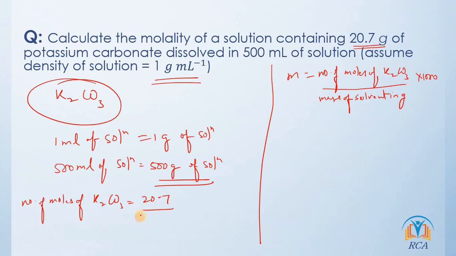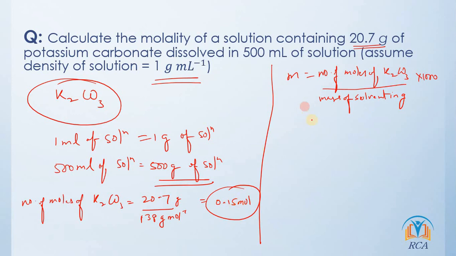What's going to be the molecular mass of potassium carbonate? It's going to be 138 grams per mole, right? You know how to calculate that, right? Just add up everything in K2CO3, and it will come up to 138. That will give you the number of moles of K2CO3. If you divide this, you'll get an answer of 0.15 moles.